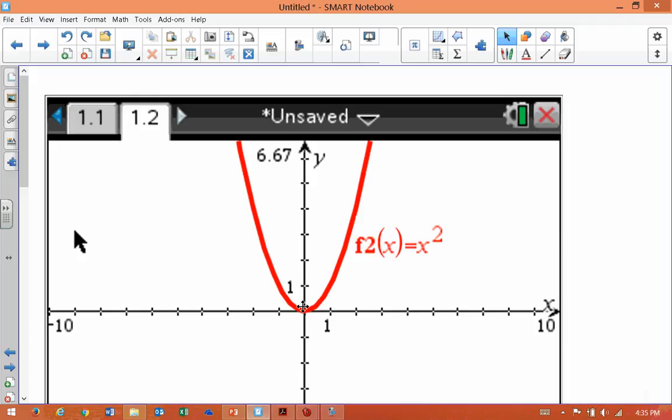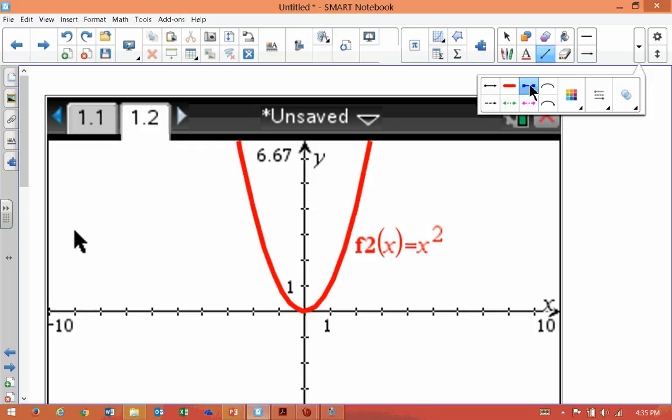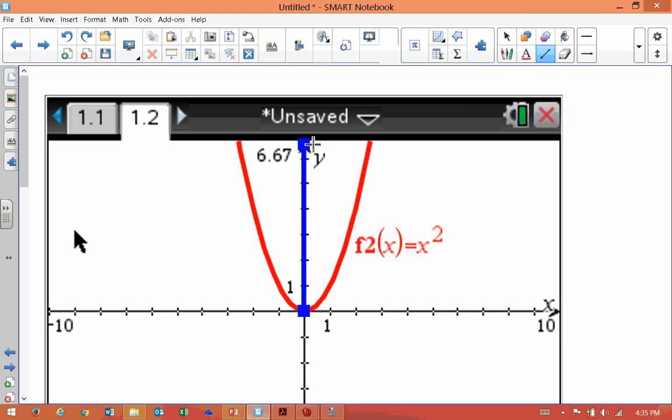If we just look at the y-axis, it picks up right at 0, and then it goes up from there forever. So its range is actually all y bigger than 0, all real numbers bigger than 0.